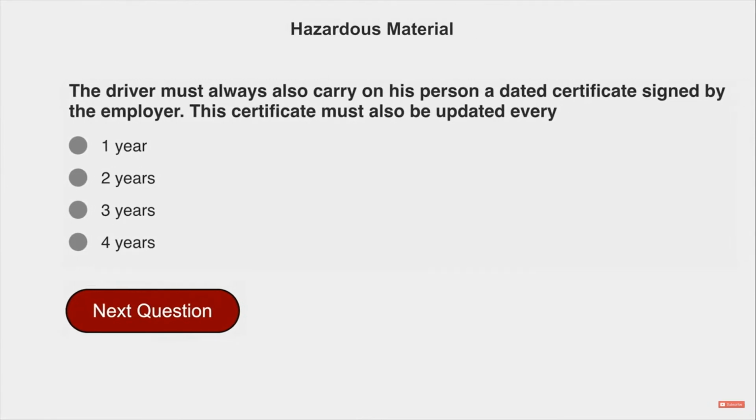The driver must also always carry a dated certificate signed by the employer. This certificate must also be updated every 3 years.